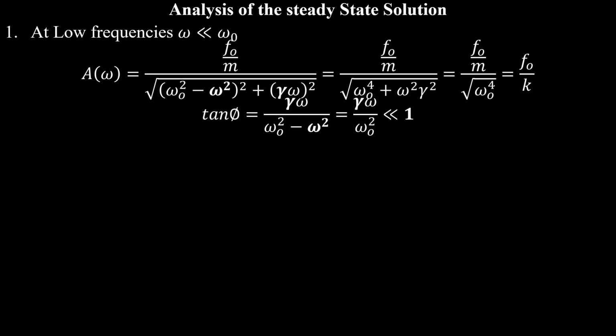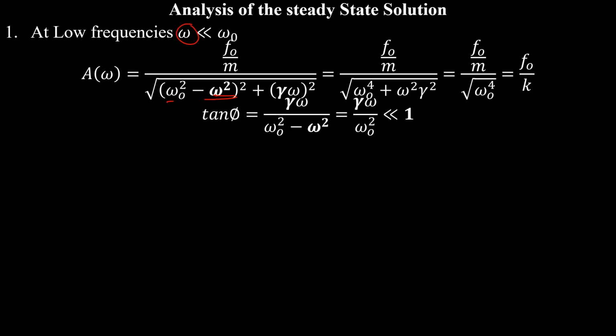So let's do some analysis of the steady state solution. At low frequency, this is what our amplitude is going to be. At low frequency, the frequency of the driving force is much less than the natural frequency of the system. You'll notice that this can be absorbed since this is much greater, leaving us with just omega naught raised to the power of 4.